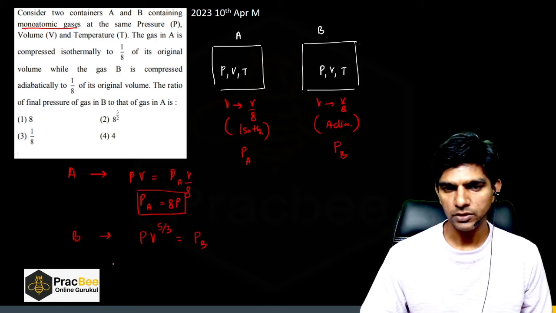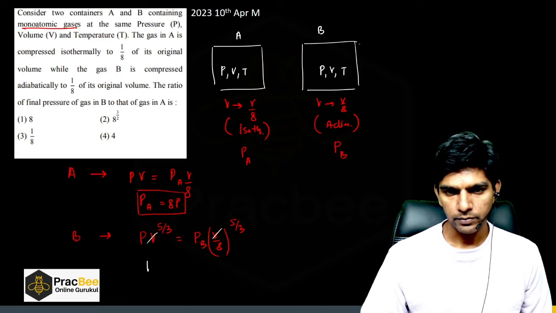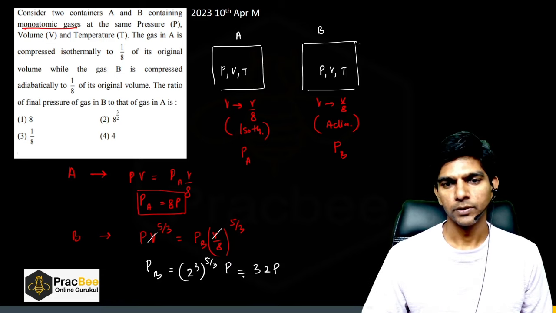Then pressure becomes PB and volume will become V by 8, raised to power 5 by 3. Now this V will get eliminated and PB is nothing but 2 raised to power 3 raised to power 5 by 3 times P, which is nothing but 32 times P.